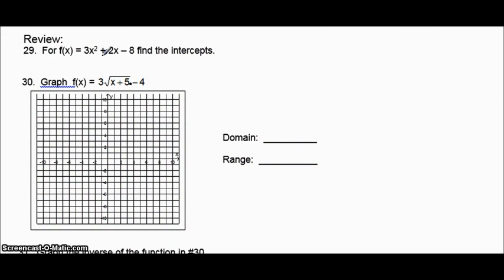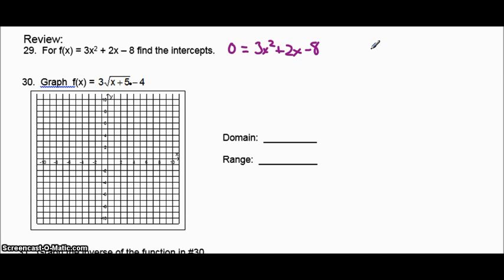Okay, some review. Find the intercepts. I recommend that you use your calculator for this, but if you don't want to do that, the intercepts are where x is 0 or y is 0. So you could set it up 0 equals 3x squared plus 2x minus 8 and solve for x.